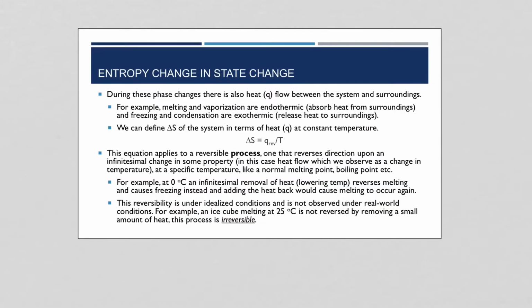Okay, so we just established that there is a different amount of entropy in different phases. Gases have the highest entropy, most randomization, most dispersal of energy. Solids have the least, liquids being in the middle.